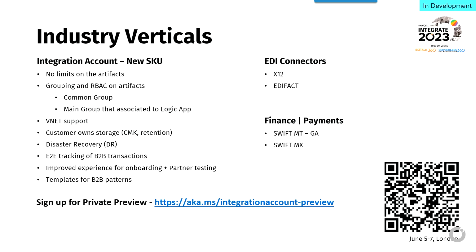The structure is too flat. I'm not able to apply RBAC on different levels. We don't have VNet support for integration account. And we're taking all of those things into consideration and applying that to the new integration SKU.